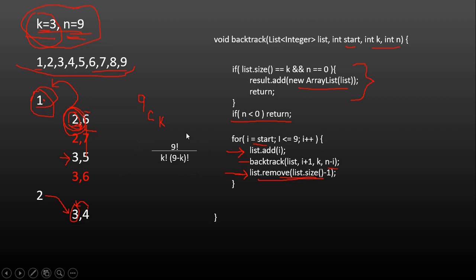And since we are using k space, the space will be O(k). Even though we are using some constant times k, the big O notation will be O(k) for the space. So let's look into the code.